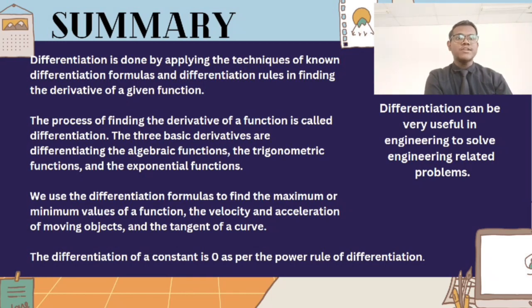We use differentiation formulas to find maximum or minimum values of a function, the velocity and acceleration of moving objects, and the tangent of functions. The differentiation of a constant is 0 as per the power rule of differentiation. In the end, differentiation can be very useful in the engineering field to solve many engineering related problems.